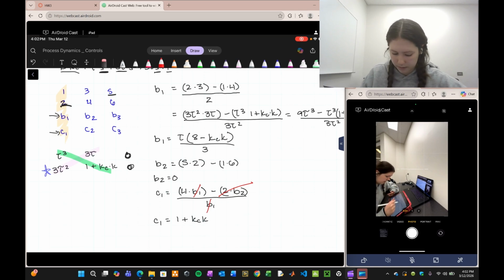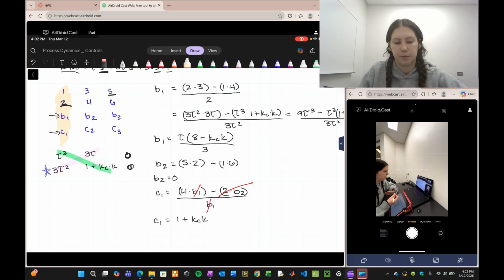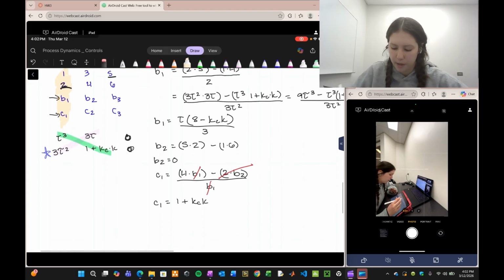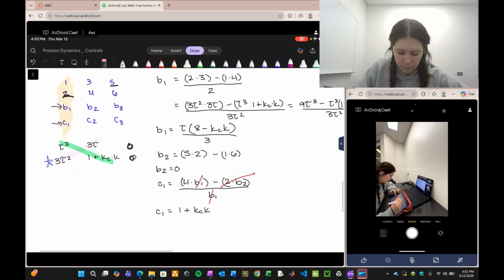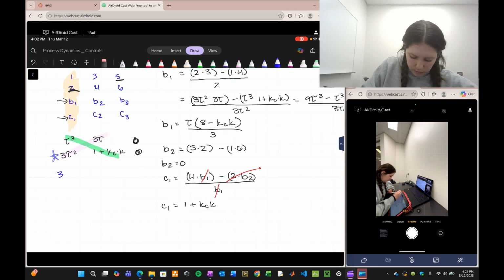So now that we have these, we want to actually look and evaluate if there are any sign changes between the values in this column. So we can go ahead and write out what we have. We have the first two right here. It's really thin. We have tau cubed, and we have 3 tau squared.